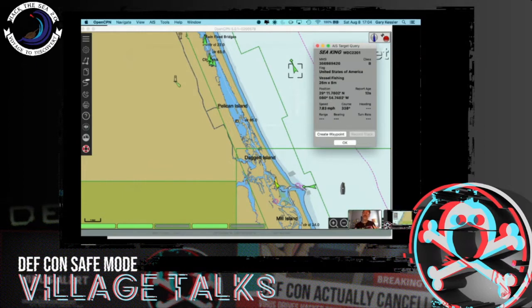On AIS messages, vessels that are by Code of Federal Regulations required to transmit are Class A type vessels. So the really big ones, with a lot of passengers, or a certain tonnage or horsepower. They're Class A, and a Class A is going to be telling me all the information that's down here.